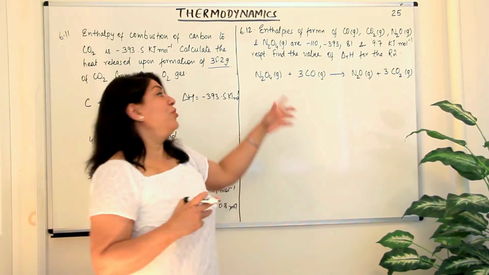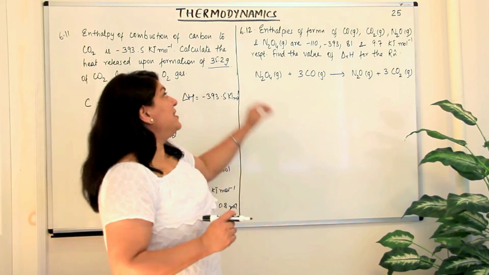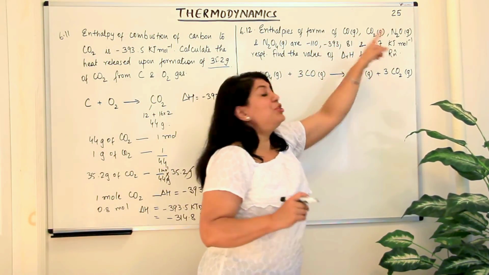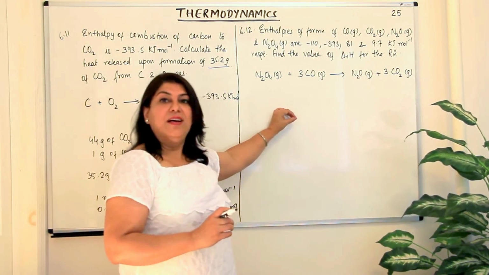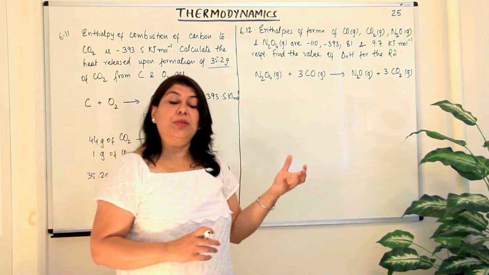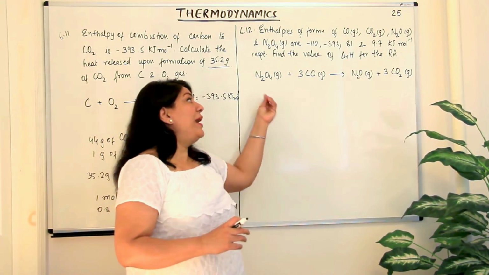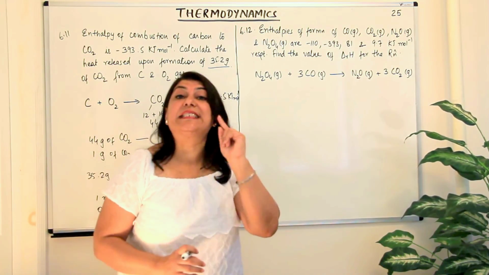Enthalpies of formation of each of the substances in their standard states. And that is the reason why these have all been given to you in the standard state, that is their gaseous state. You can use this data of enthalpies of formation to calculate the enthalpy of reaction only when you have all the substances, that is the reactants and the products, in their standard states.